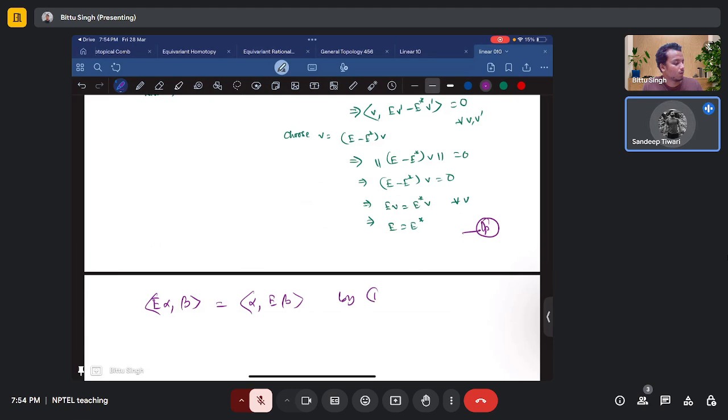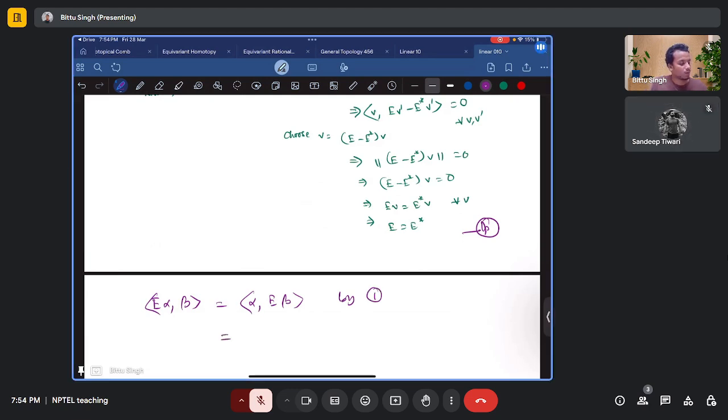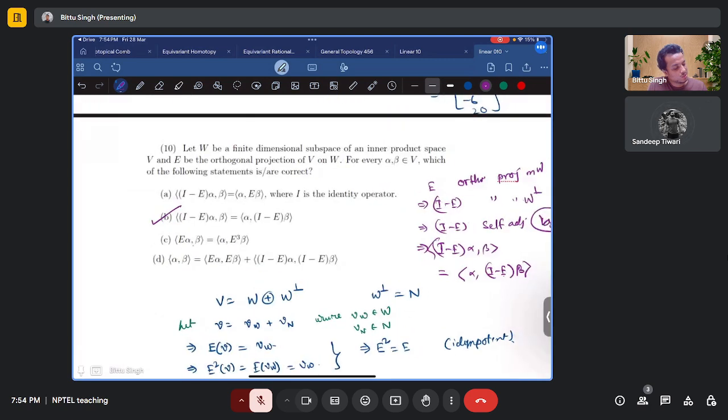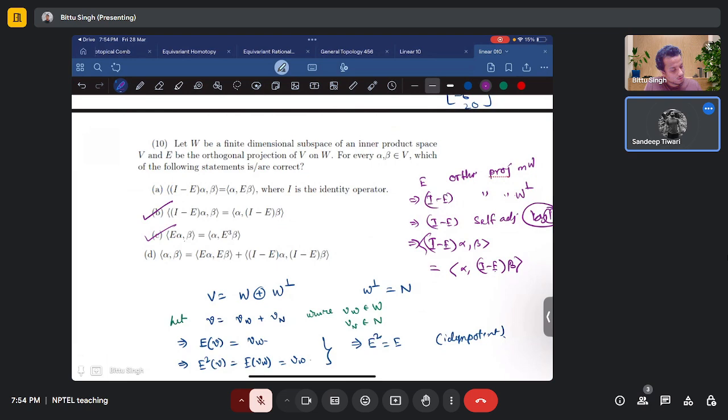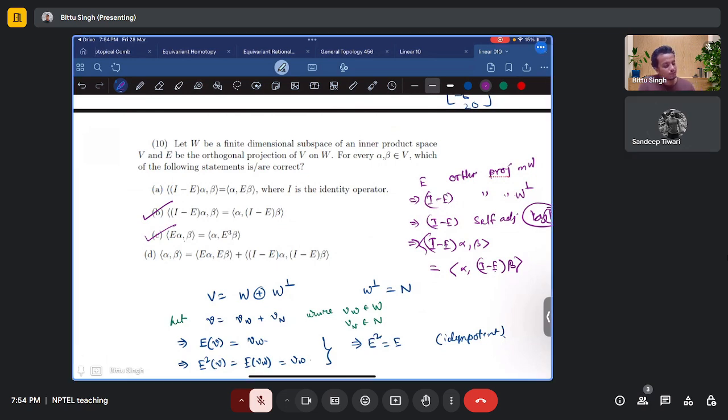So E cube is simply E by 1, but E square is also E. Therefore, since E square is E, E cube is also E. So this option is also correct. And now, what about the last option? This is also correct. Okay, let us see.